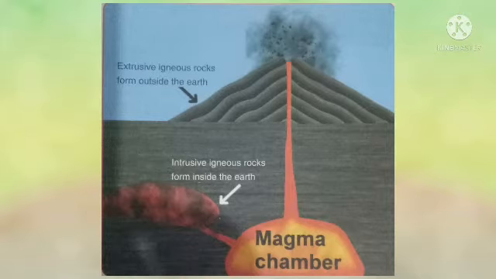This causes a volcanic eruption. When it flows out and reaches the earth's surface, it is called lava. It gradually cools down and gets harder to form the igneous rock. Most of the rocks found on the earth are igneous rocks. Almost 95% of the earth's crust is made of igneous rocks.